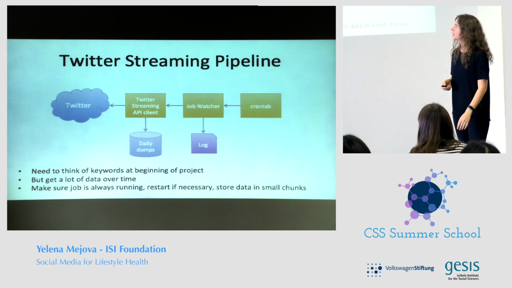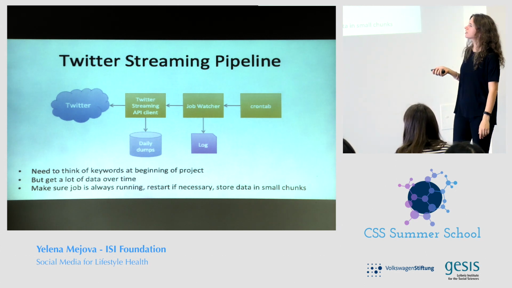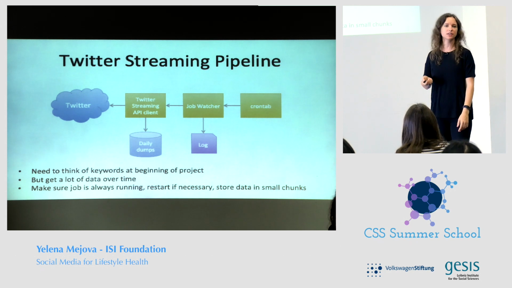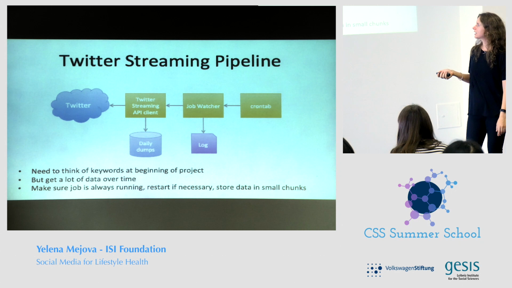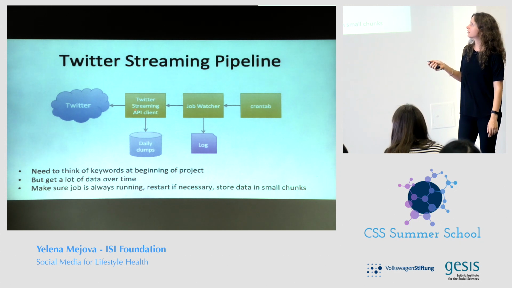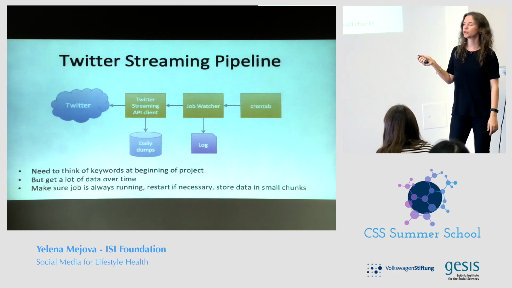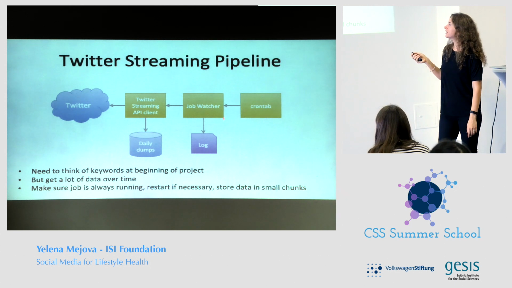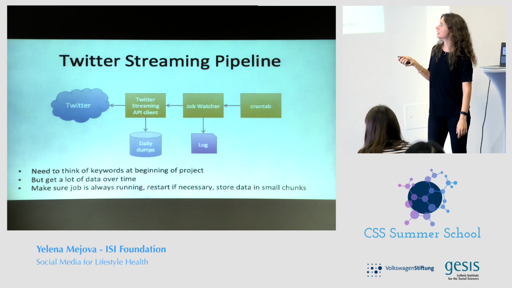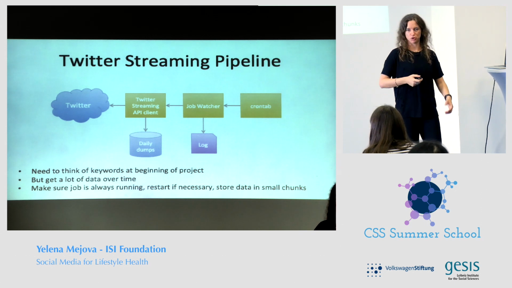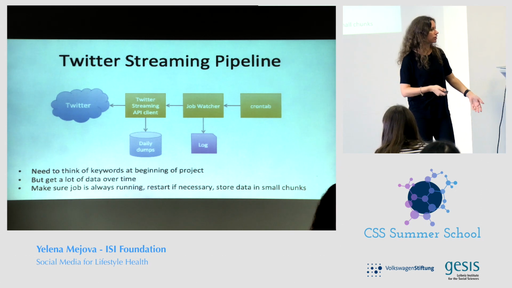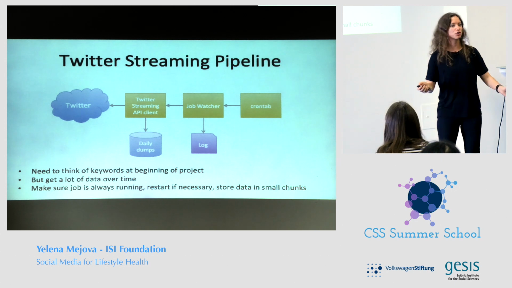So for example, what I do is I think, it would be great to study dieting, right? So I find some keywords for that, and I have some API client that queries this. Then I have a watcher that is looking at my API client and making sure that it's running, because your servers die, the internet goes down, the network shuts down.